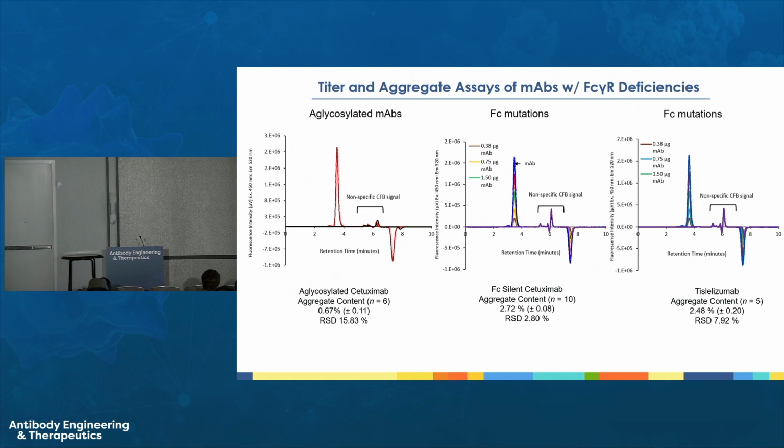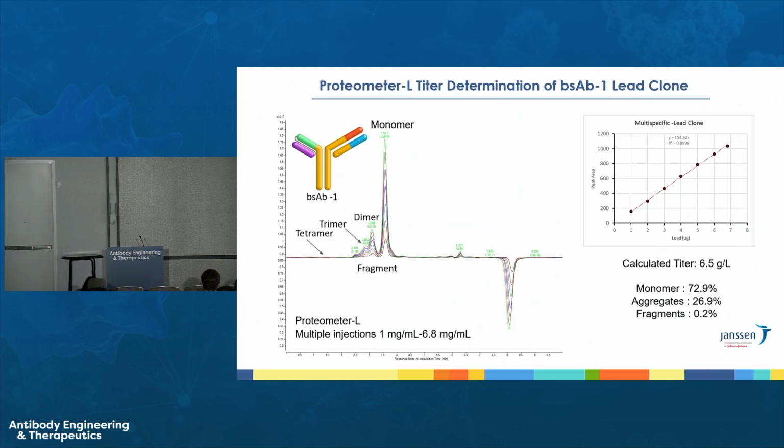It worked for Tislelizumab, which is also a PD-1 specific IgG4. Rituximab is IgG1, by the way. No problem. The assay works for these. And then this data is from Janssen.